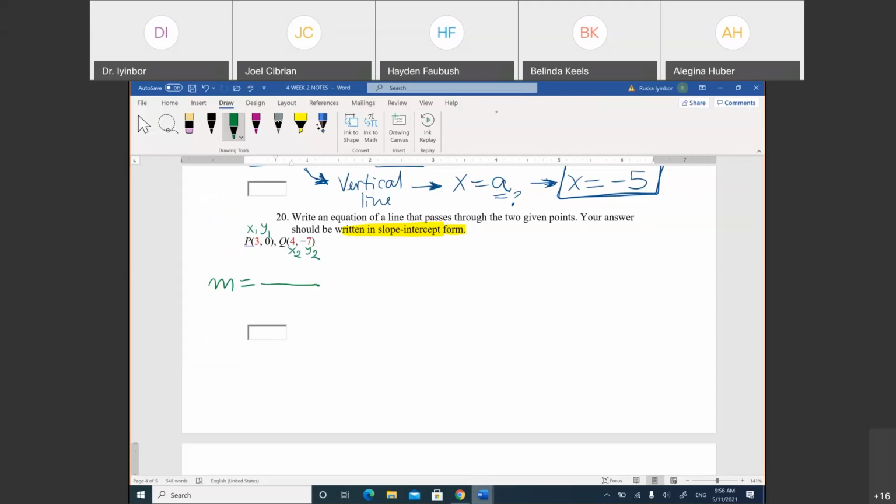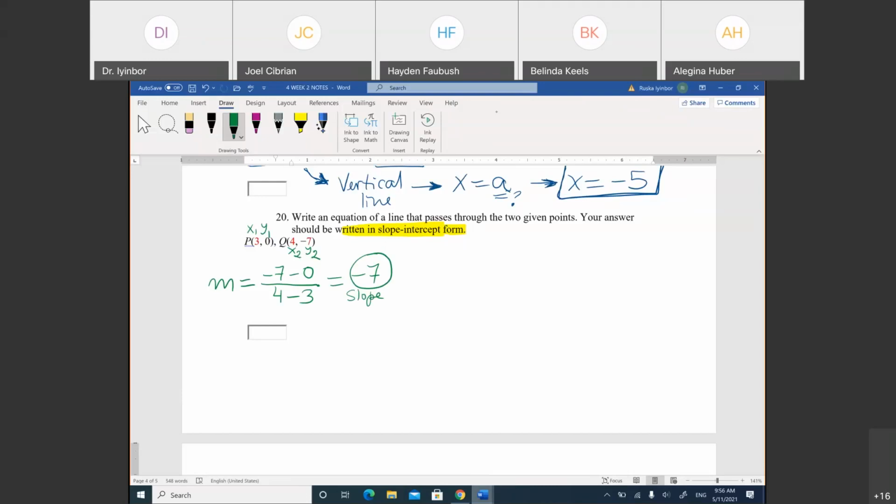The formula is y2 minus y1, so it's going to be -7 minus 0, which is y1, over x2 minus x1, which is 4 is x2 minus 3 is x1. And then you're going to simplify. -7 minus 0 is -7. 4 minus 3 is 1. -7 over 1 is just -7. That's my slope. Everybody so far so good?